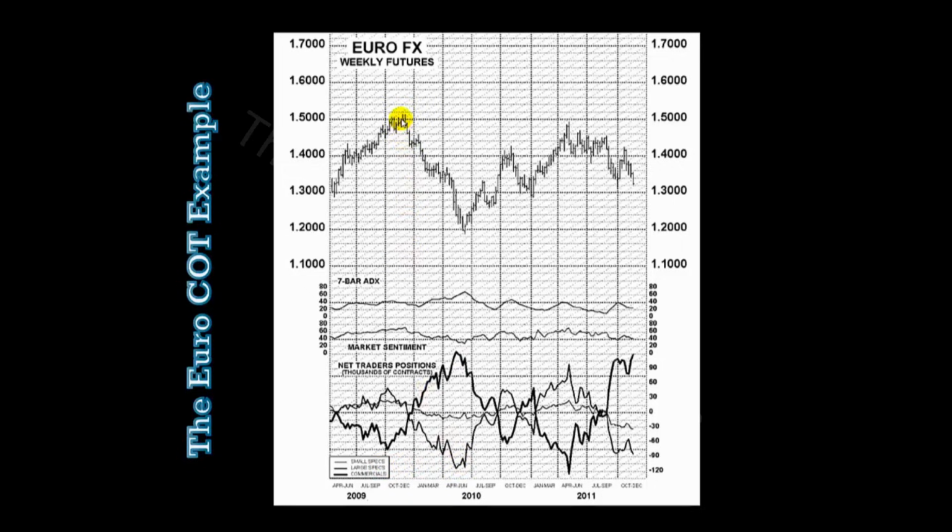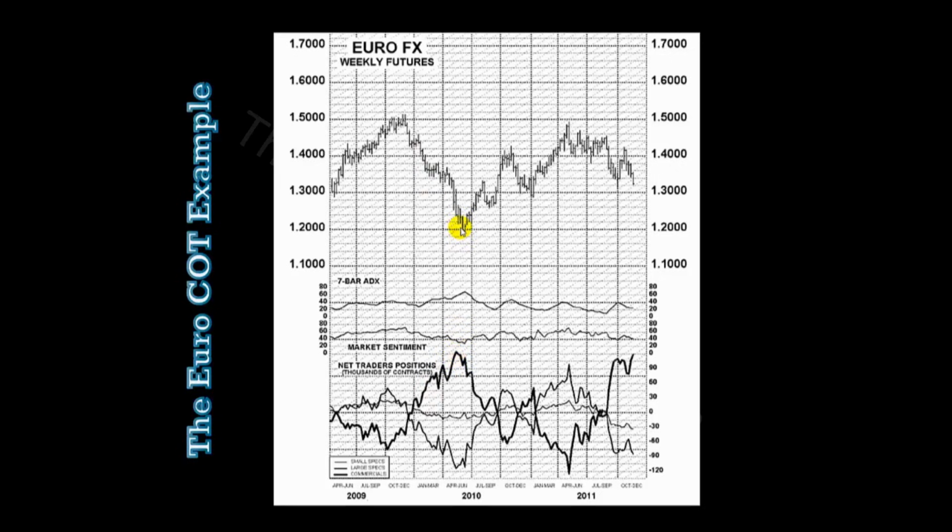As price had dropped in the euro, this long big trend going lower from 150 down to 120, that's 3,000 pips, 3,000 pips of a down move, the large speculators were pretty much with that whole trend all the way to the very end. The commercials were buying the whole way down, I'm sorry, on the way down, they were buying large numbers of net long position on the euro.